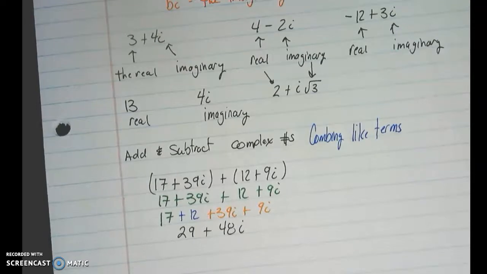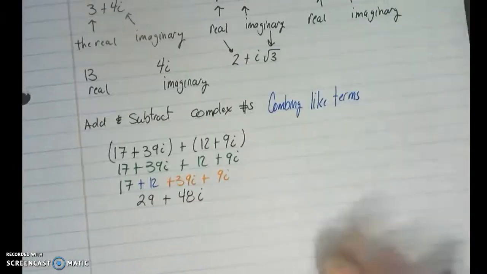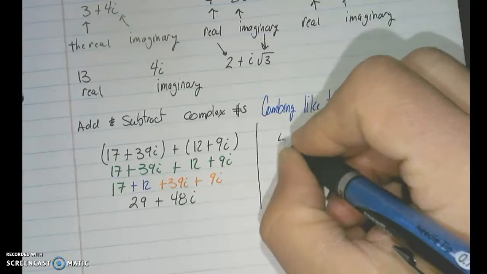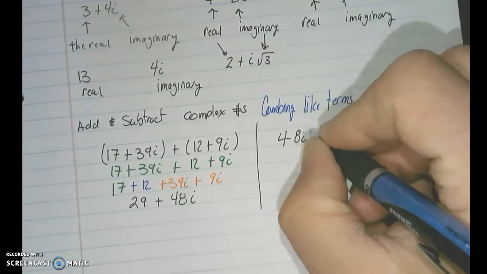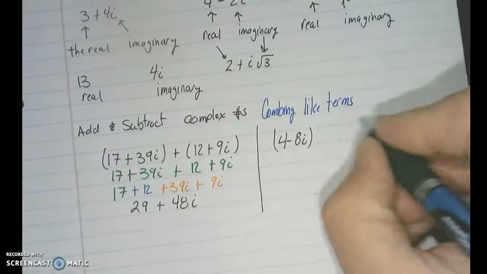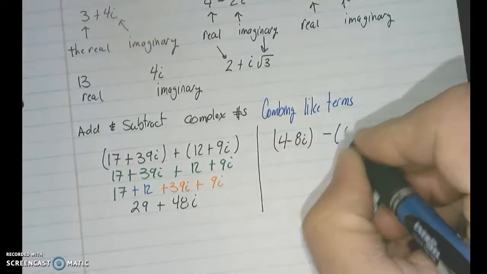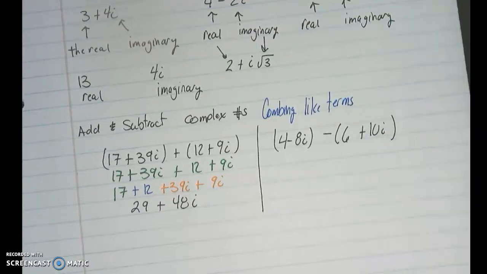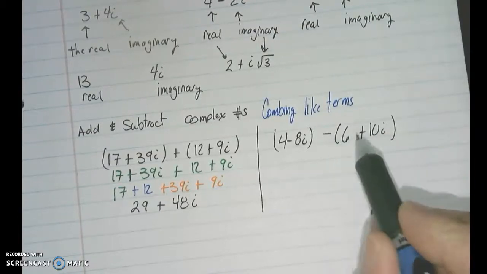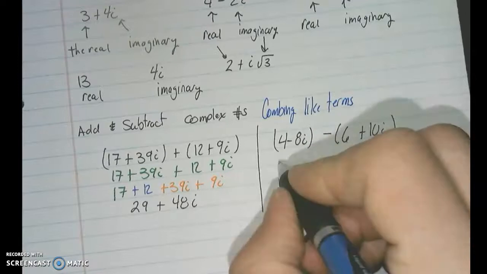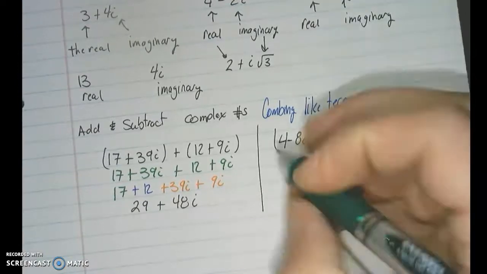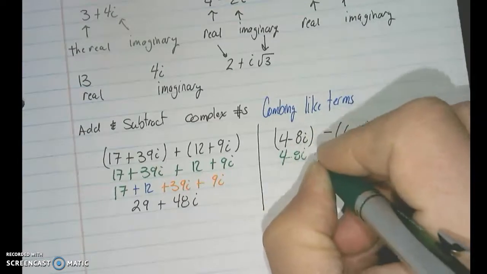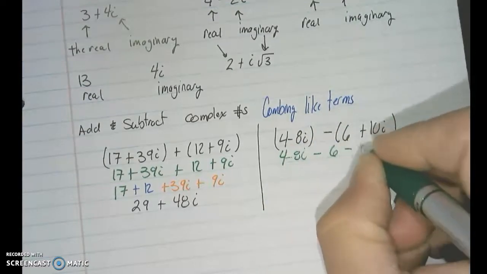Okay? All right. So your second example is just going to be 4 minus 8i minus 6 plus 10i. Okay? So this subtraction needs to be carried into this parenthesis. So what we get is, we're going to get 4 minus 8i minus 6 minus 10i.